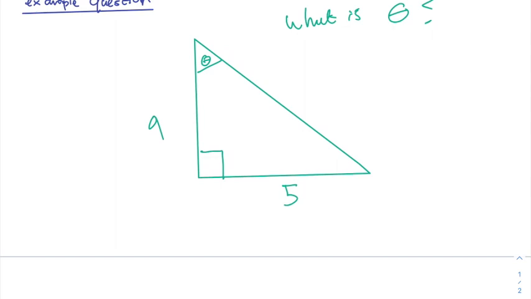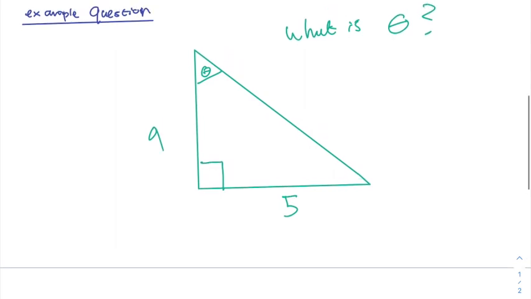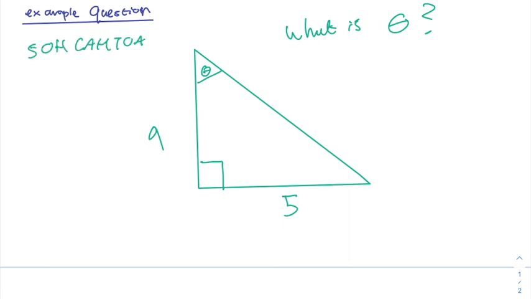Now there are different ways we can do this, right? Looking back on our mnemonic, SOHCAHTOA, we see that, okay, well, we have our angle theta right here, and we are given the side which is opposite, which is 5, and adjacent to the angle theta, which is 9. So therefore we can use tan to work out theta.